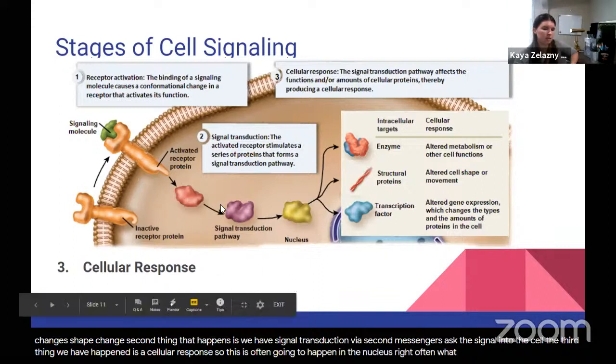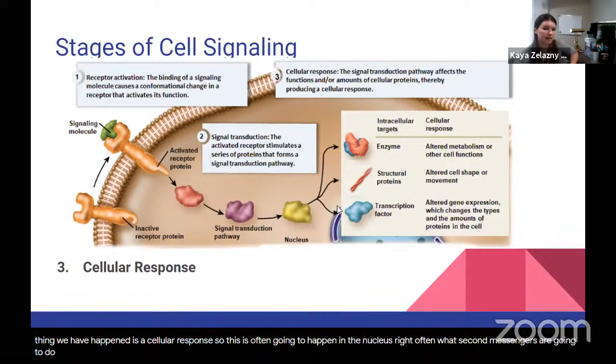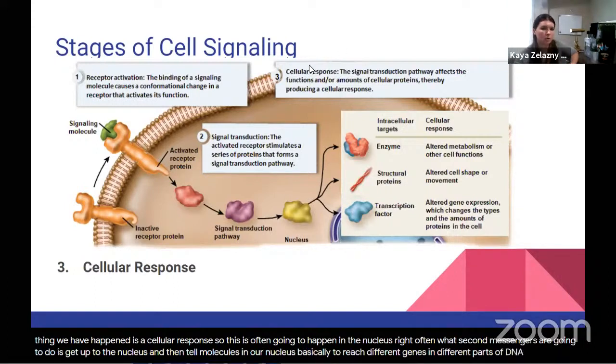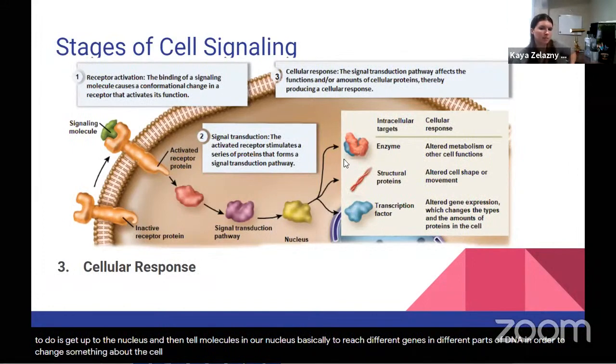Often what second messengers are going to do is get up to the nucleus and then tell molecules in our nucleus basically to read different genes in different parts of DNA in order to change something about the cell. So it may change what enzymes are in the cell and in what concentrations.